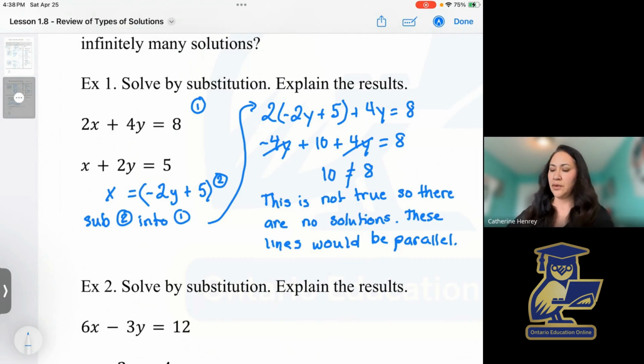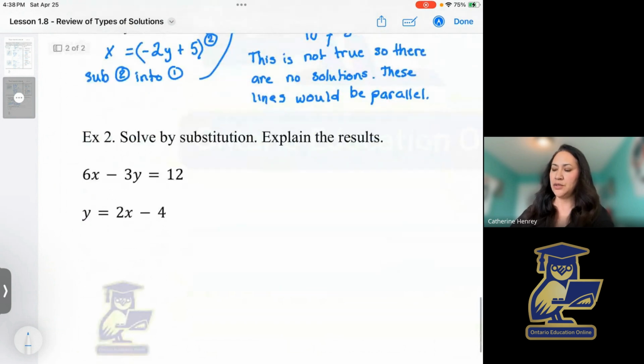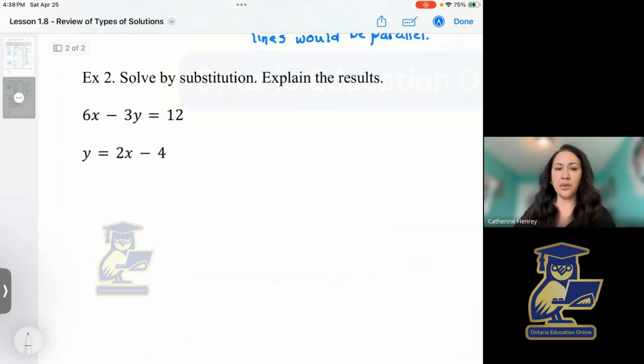So let's try the second one. We'll solve again by substitution. At the top, 6x minus 3y equals 12. I'm going to call that my equation 1. And then y is equal to 2x minus 4 is my second equation. So I'm going to sub my second equation into my first.